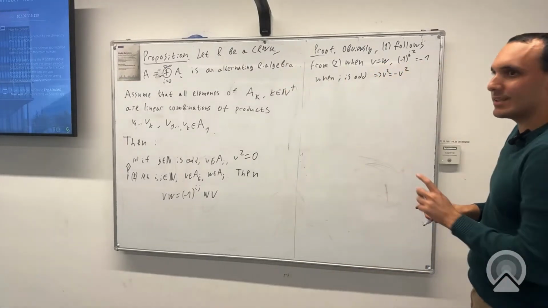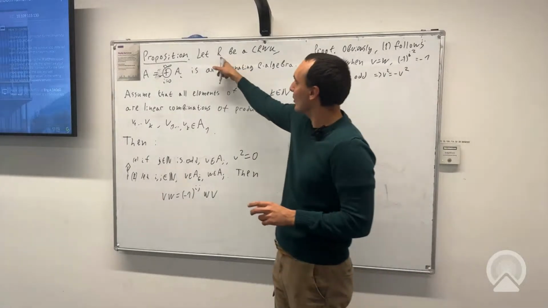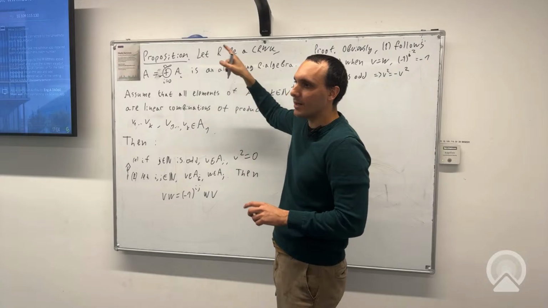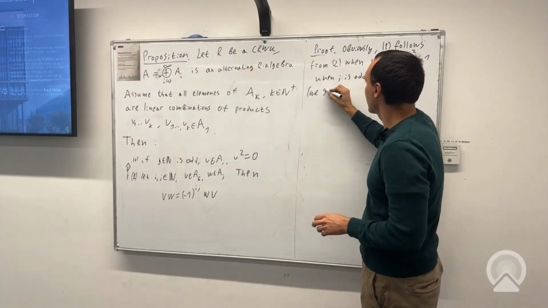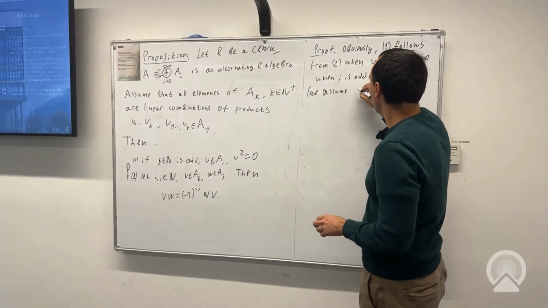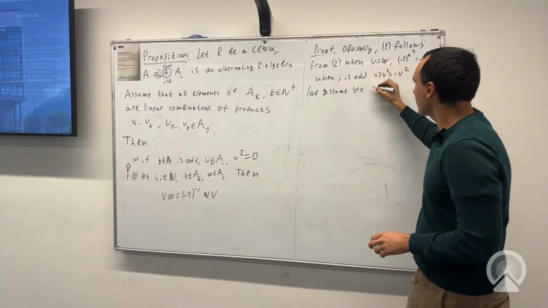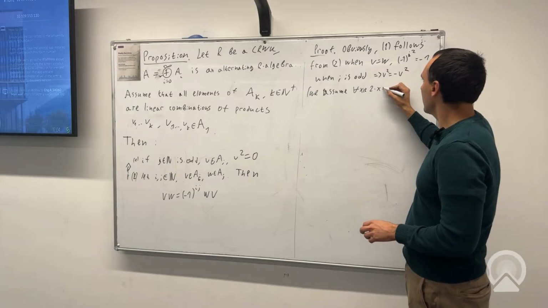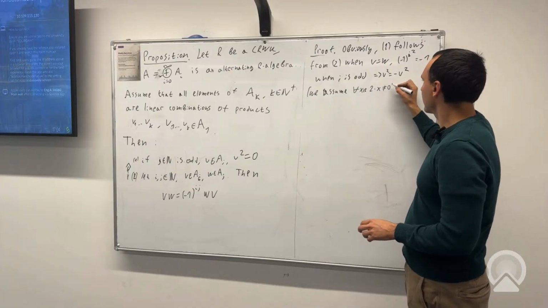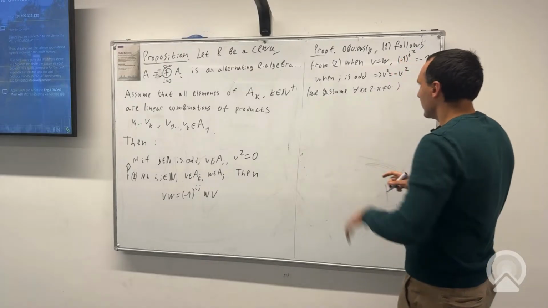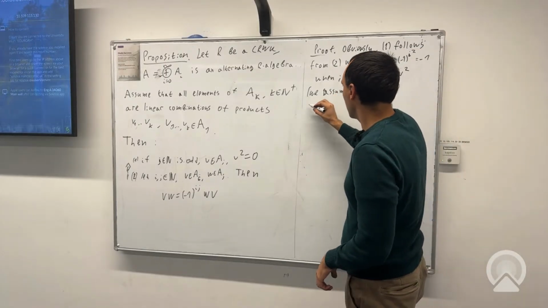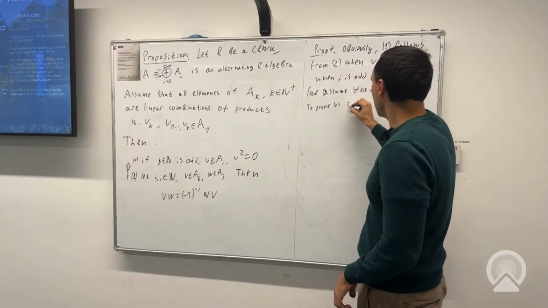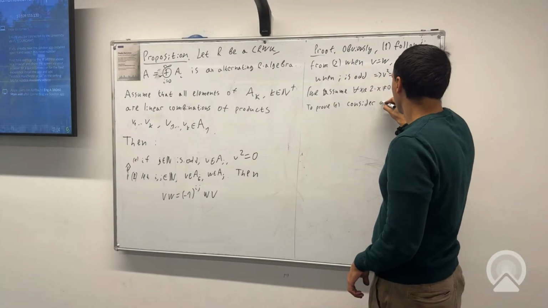Anyway, there is a little detail that I will not mention, but there are rings where you can add things to itself and become 0. But we assume for any x, 2x is not 0. Anyway, that's a detail that we can discard. Now, how to prove 1? To prove 1, consider only monomials.